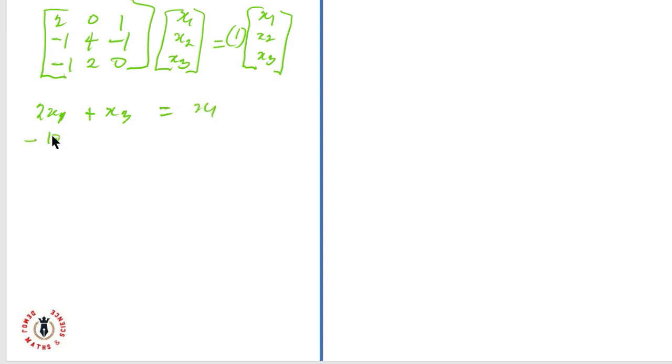Minus x1 plus 4x2 minus x3 is equal to x2. And the third equation: minus x1 plus 2x2, it is 0 again, is equal to x3.